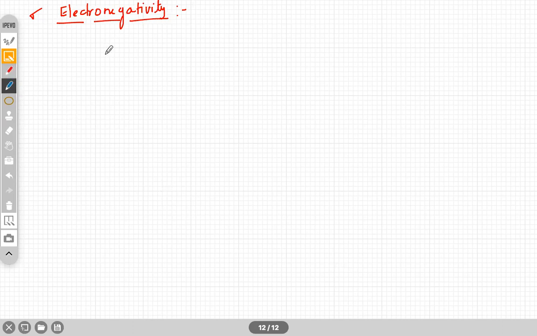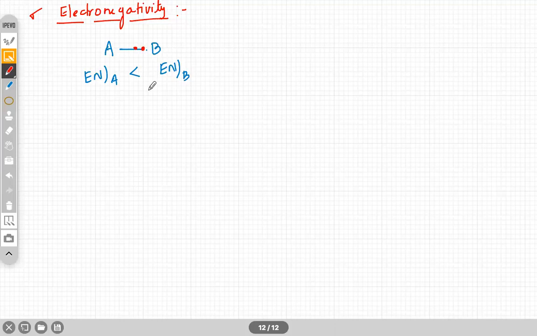So you see, suppose we have a bond A and B, right? If B is more electronegative than A, then the electronegativity of A is lesser than that of B, correct? Then the pair of electrons that we have here is shifted towards B, the more electronegative element, and hence B becomes delta negative and A becomes delta positive.